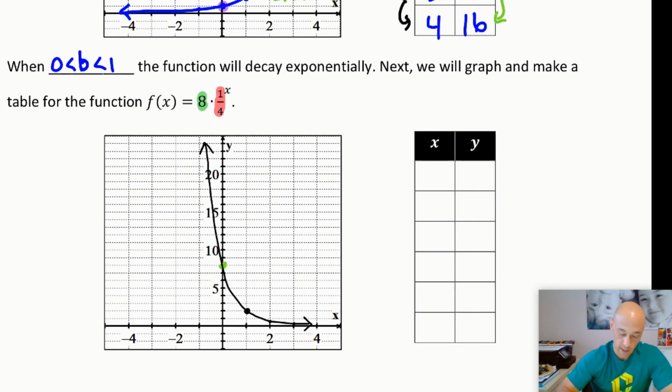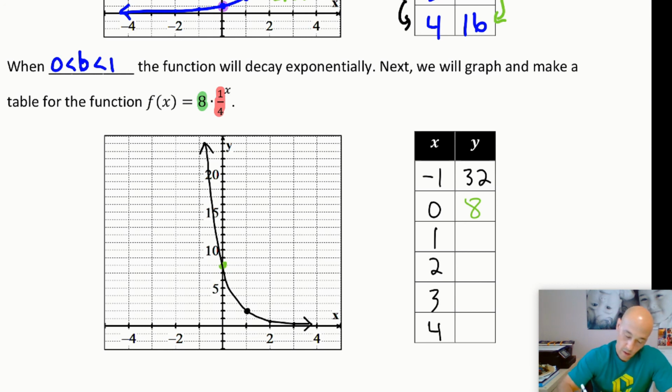All right, so in our table, when x was -1, we take this y value of 8, multiply by 4, and it's got to be 32. When x was 0, we had a y value of 8. We can see that right there. When x was 1, let's just increase by 1 in each of these.